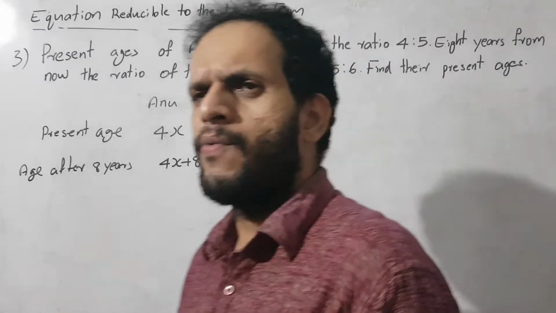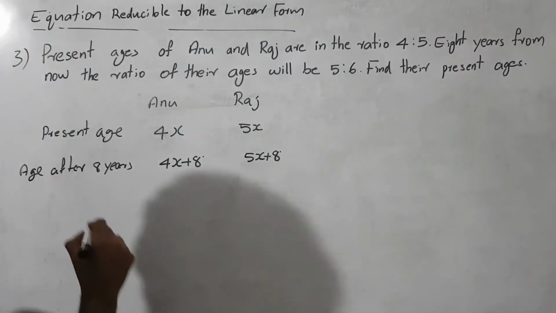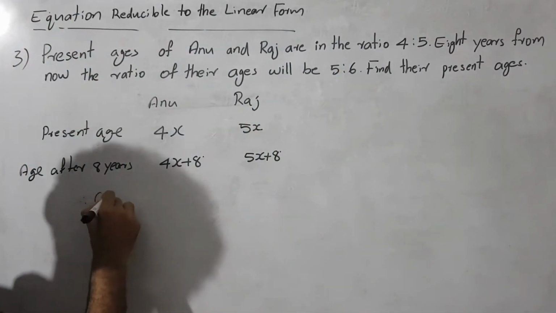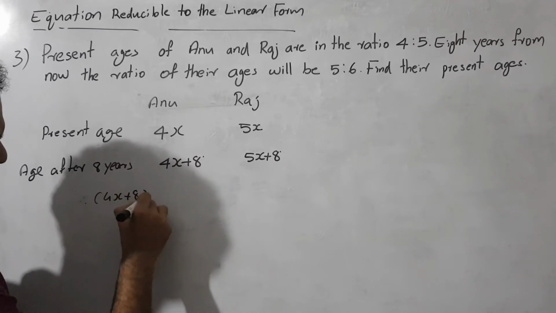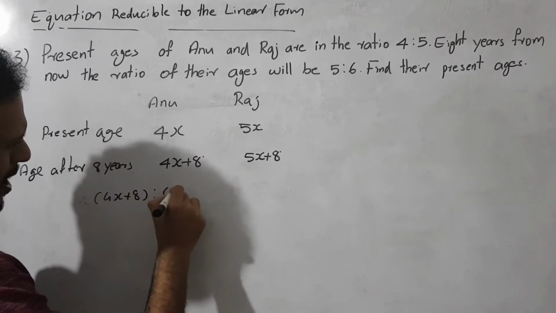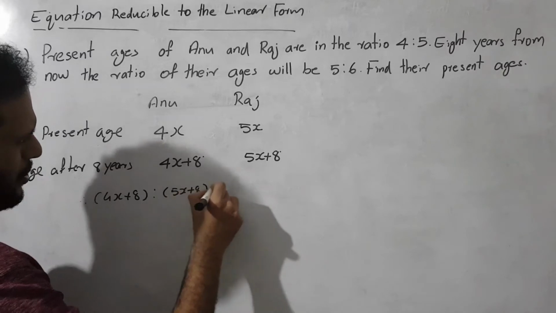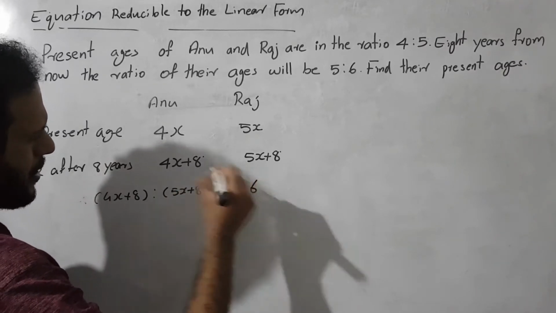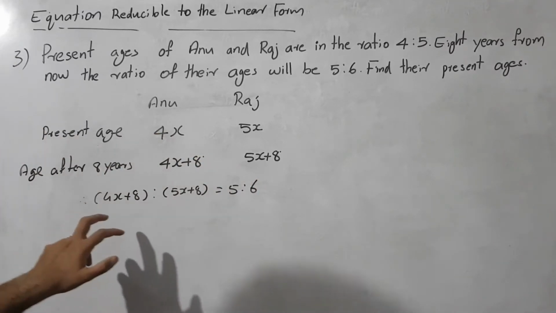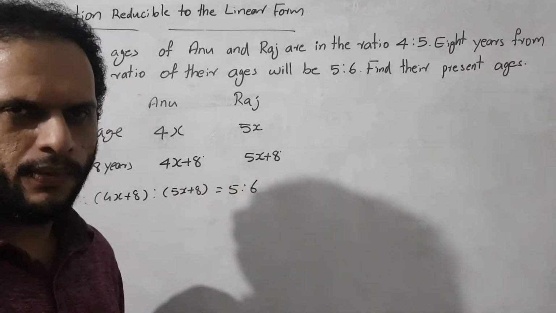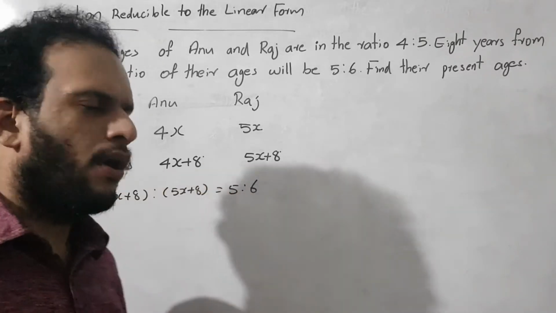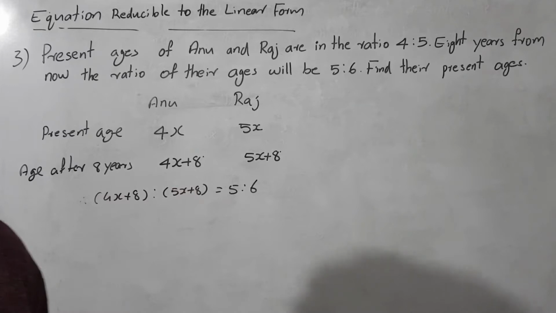Okay. And then what is next? Therefore, 4x plus 8 is to 5x plus 8 is equal to 5:6. Okay. Now we wrote this in the form of a ratio. But for doing the work we need to convert it into the form of a fraction.